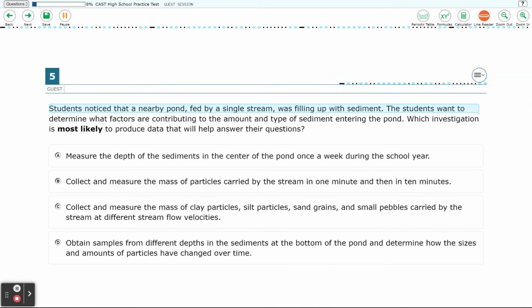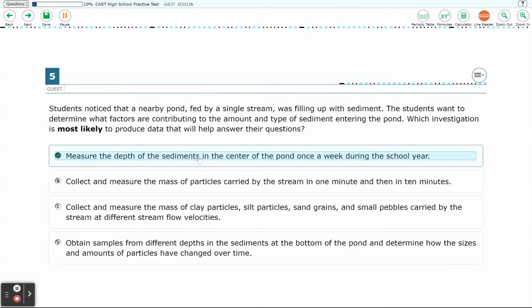So here we see students noticed that a nearby pond, fed by a stream, was filling up with sediment. The students want to determine what factors are contributing to the amount and type of sediment entering the pond. Which investigation is most likely to produce data that will help answer their questions? A. Measure the depth of the sediment in the center of the pond once a week during the school year.